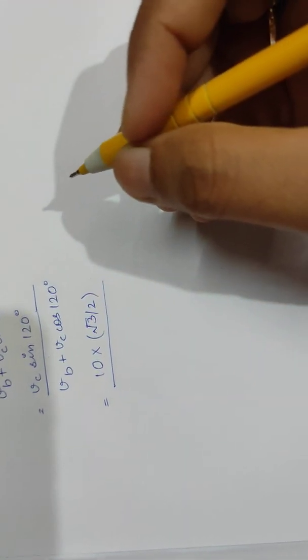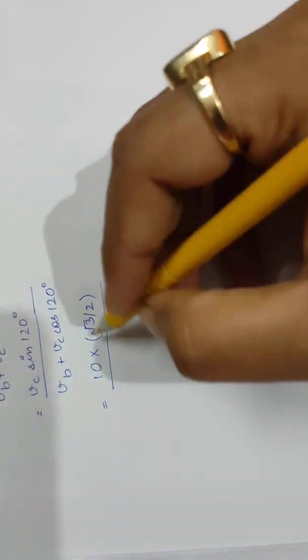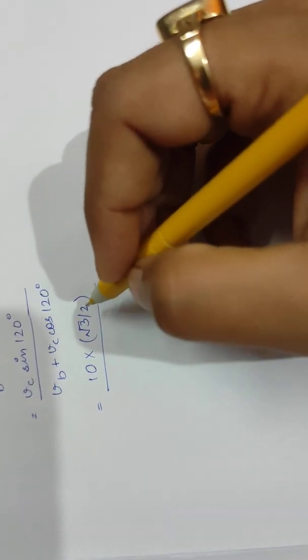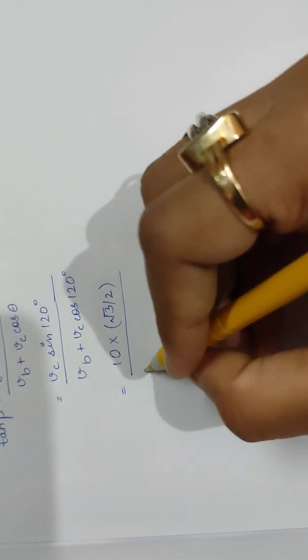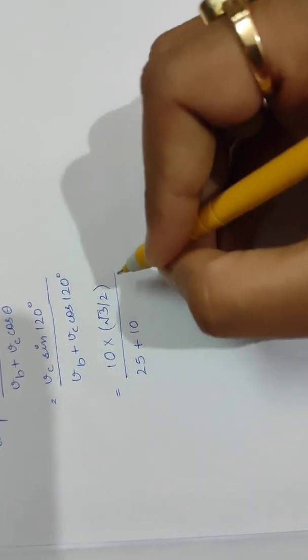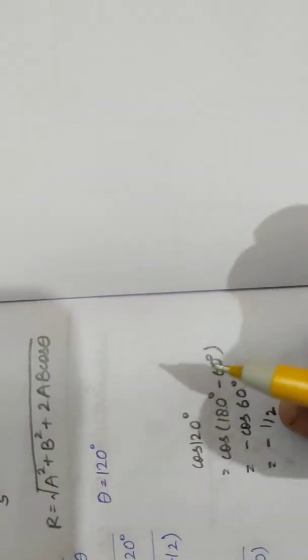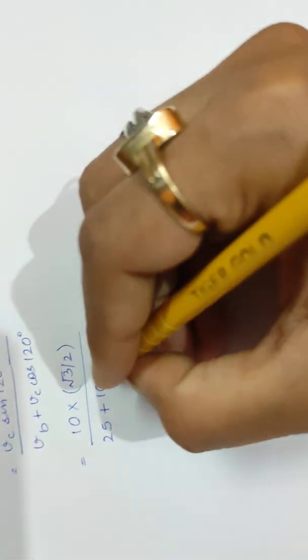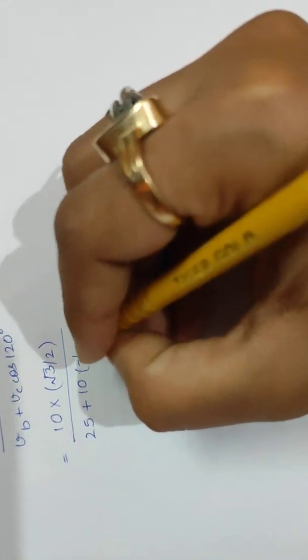So by using it we get the value of sine 60 degree, which is under root 3 by 2. VB is 25 km per hour plus again VC is 10 km per hour into cos 120 degree. We have just found out it is equal to minus of 1 by 2.